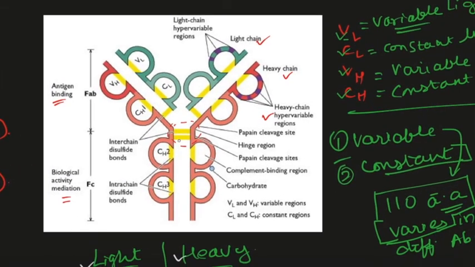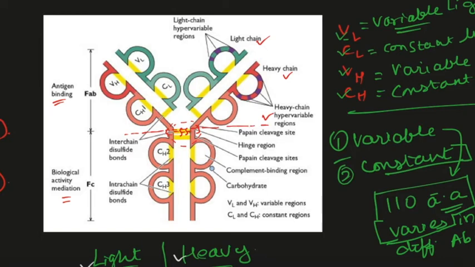This happens because, as I showed you in one of the pictures, the hinge portion comprises the disulfide bond. The papain enzyme acts on this region and starts to cleave it.